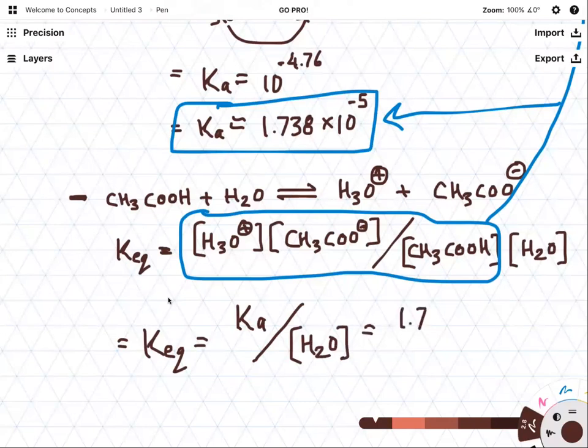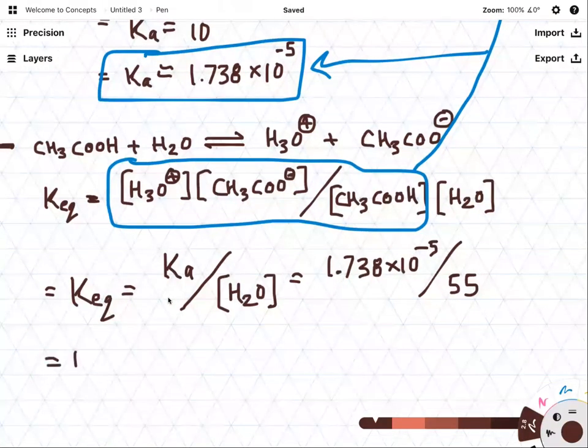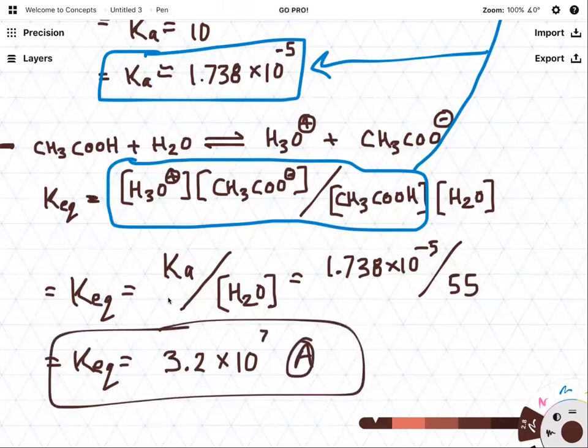So it's okay, we'll write it out: 1.738 times 10 to the minus 5 over 55 molar. And that's going to give you an answer of KEQ equaling 3 point something, but we just rounded to 3.2 times 10 to the 7, which I believe is answer choice A. No, it's not. It's answer choice D.